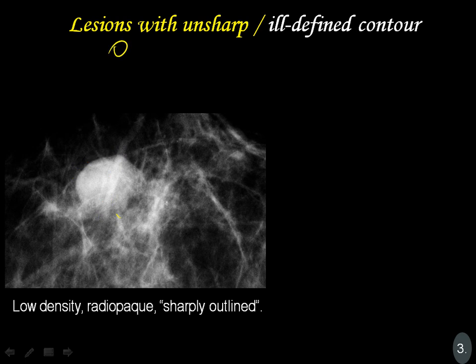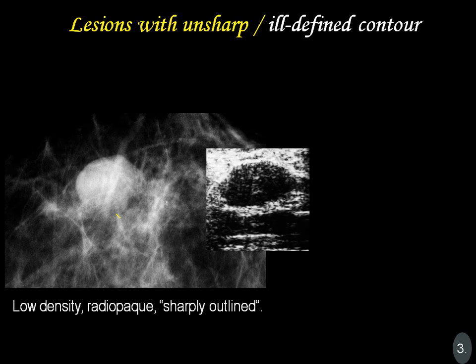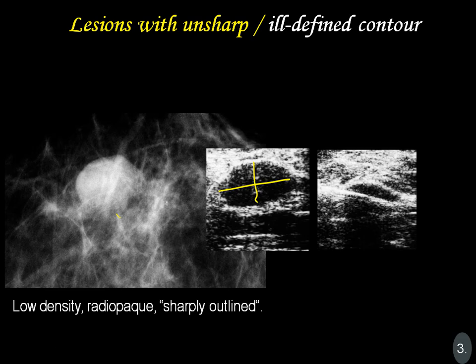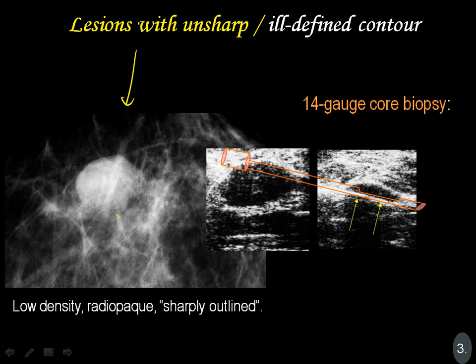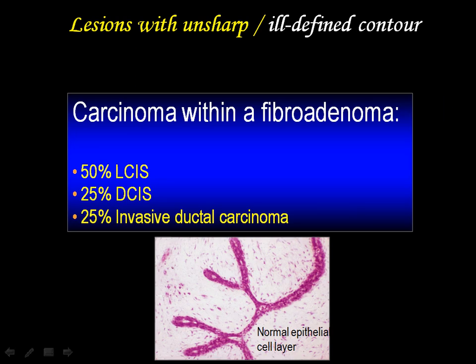The statistical chance that we are looking at a benign lesion is much higher than looking at a carcinoma. Ultrasound examinations suggest that this is a wider than tall lesion. So now we can put the core biopsy into the lesion, and then we have a perfect microscopic diagnosis. And that information can be shared with the patient because this fibroadenoma is actually 15 to 20 years old.